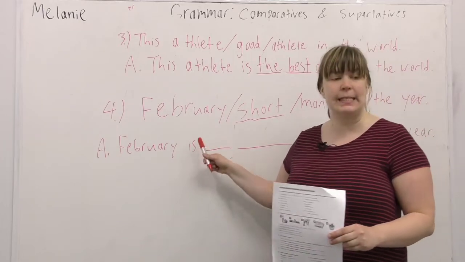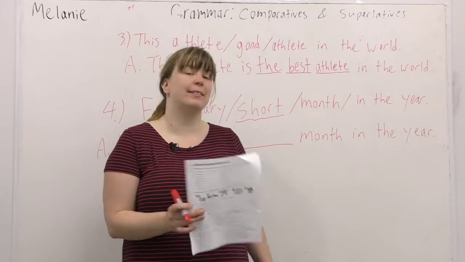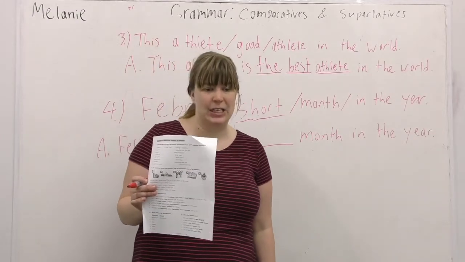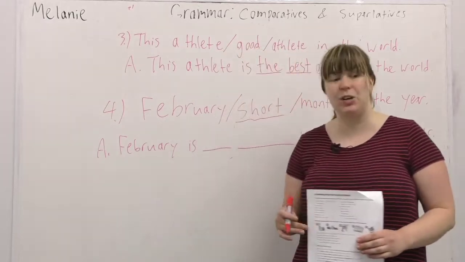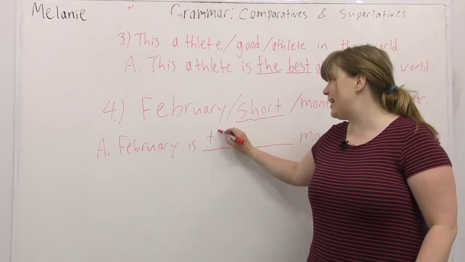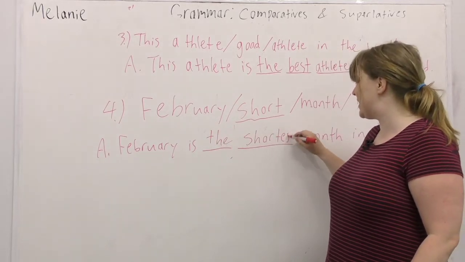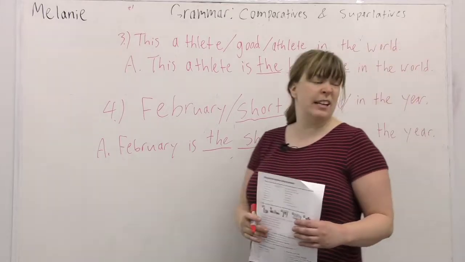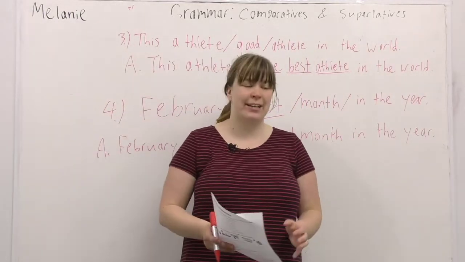February is of the year. And I see someone has written their answer out, and that is correct. Nice. February is the shortest. February is the shortest month in the year.